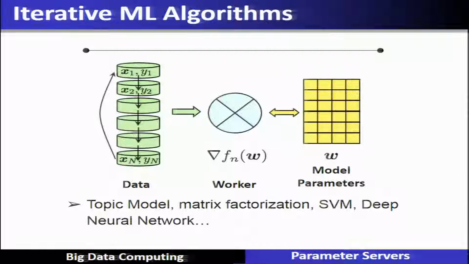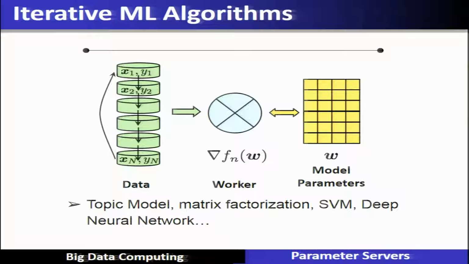For example, topic modeling, matrix factorization, support vector machines, and deep neural networks are all iterative machine learning algorithms wherein the workers require these parameters to be updated. Parameters means model parameters are to be updated.